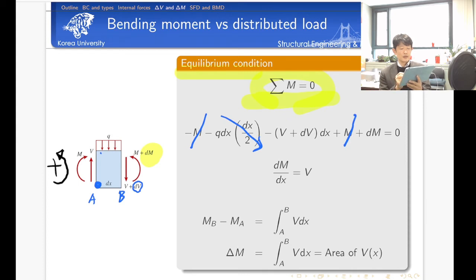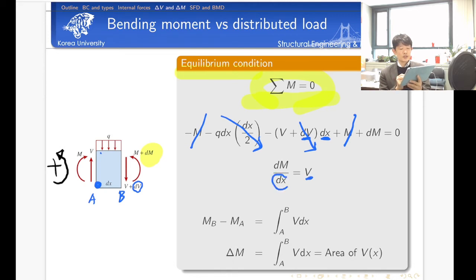Finally, we have one more term: the change of shear force, that's the small change for the distributed load. And dx is also small, because small times small is also small, so this is cancelled. If you rearrange this equation, the derivative of bending moment in the x direction is given by the shear force. Okay, this is the final equation.